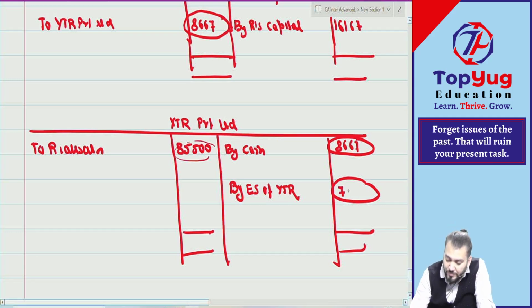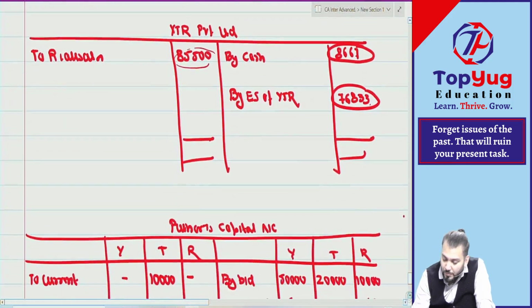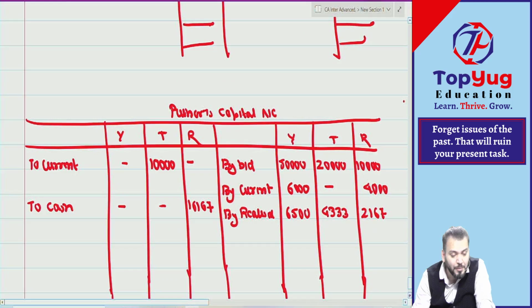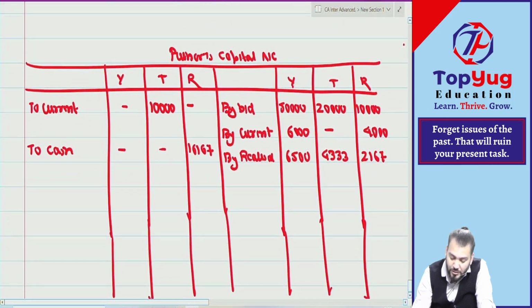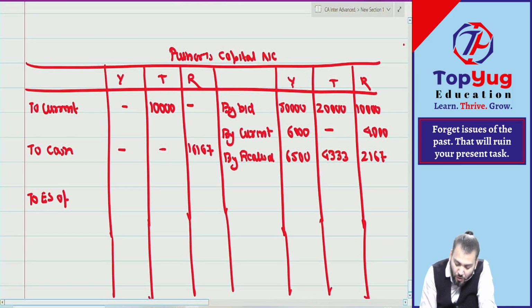So 76,833, I have done. And this will be distributed to whom? Partners. In which ratio have they given? 3:2. So we write down equity shares of YTR, distribute in which ratio? 3:2.